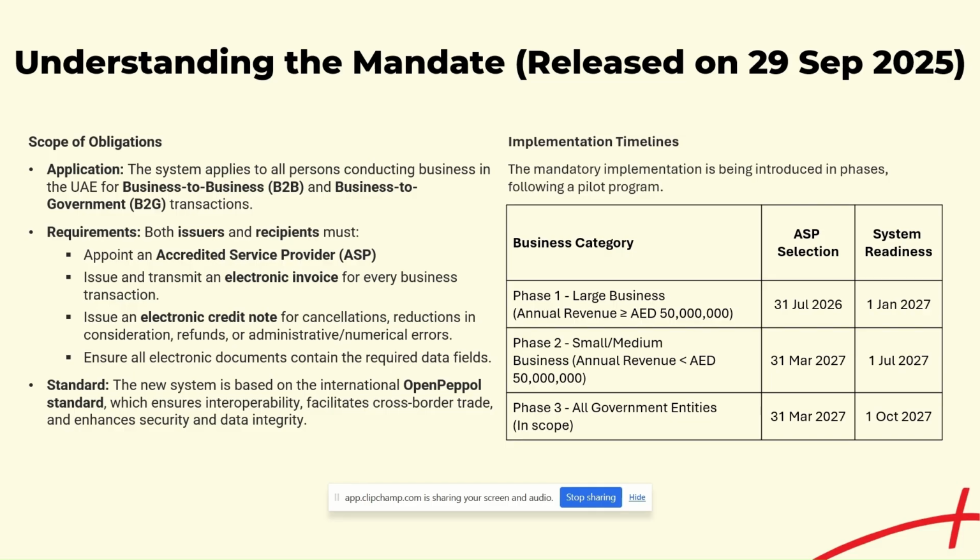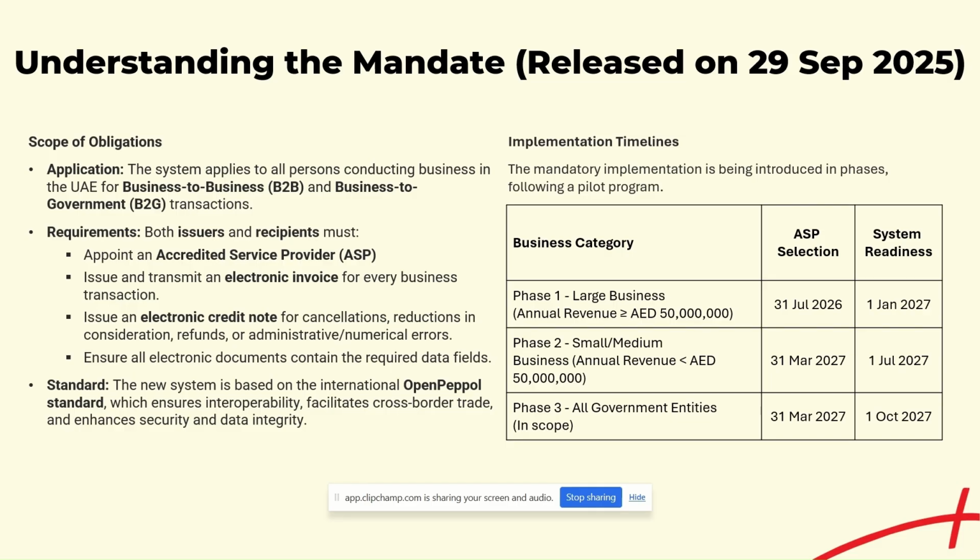Phase two is the small and medium businesses, whose annual turnover is less than 50 million. They have to select the ASP by 31st March 2027, and the system should start from 1st July 2027. That means small and medium businesses have exactly one year to start, but selection of the ASP has to be completed before 31st March 2027.